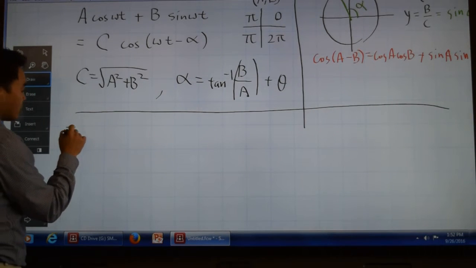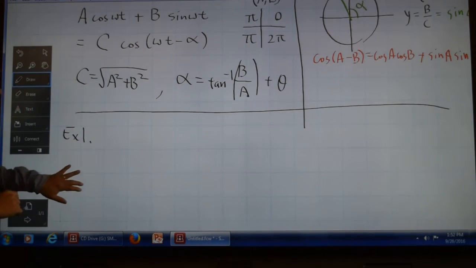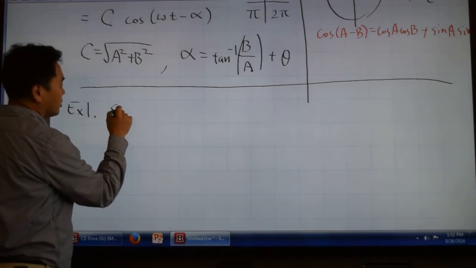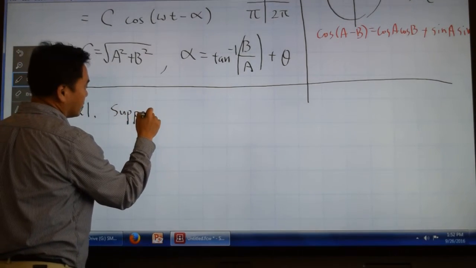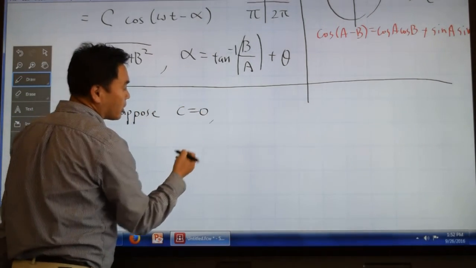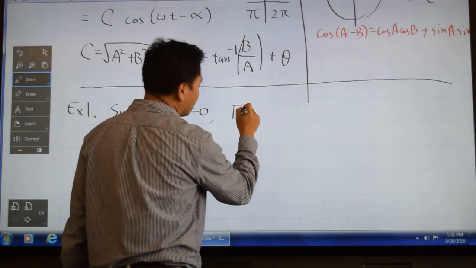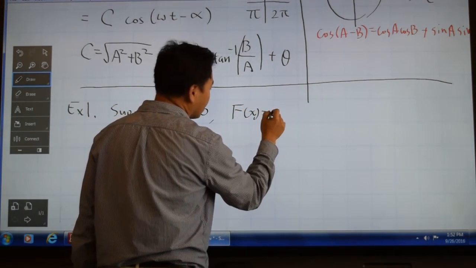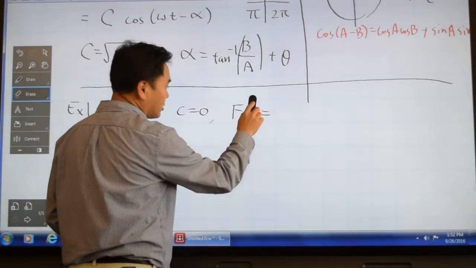So example 1. Suppose c is 0, undamped, and the external force is 0. F of t is 0.